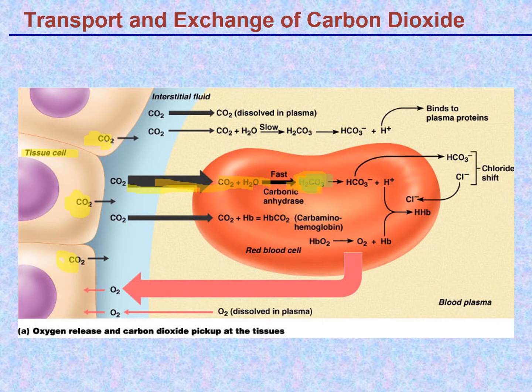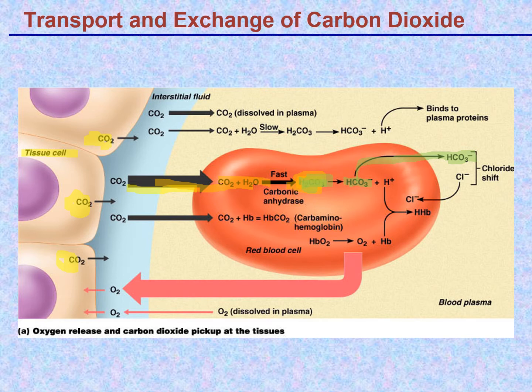And then that dissociates into bicarbonate, and the bicarbonate will move out of the cell and into the plasma. And that's why we said that 70% of CO2 is carried as bicarb in the plasma.